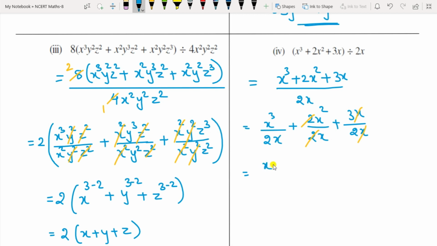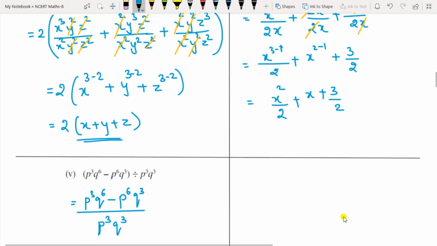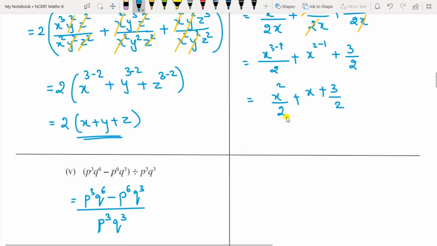It will be x raised to 3 minus 1 upon 2 plus x raised to 2 minus 1, and this will be 3 by 2 alone. So it will be x square by 2 plus x plus 3 by 2. This is the answer. If you take the LCM of the denominators, then it will be x square plus 2x plus 3, the whole by 2. This way also you can write it.